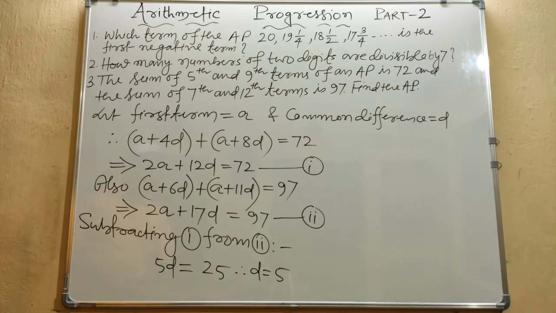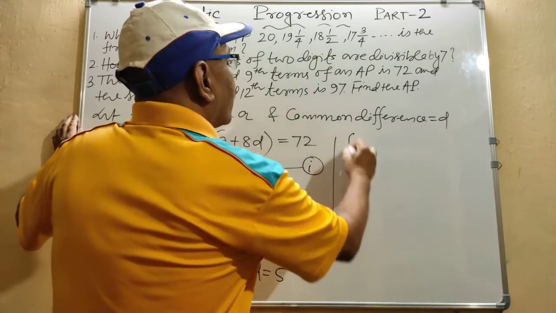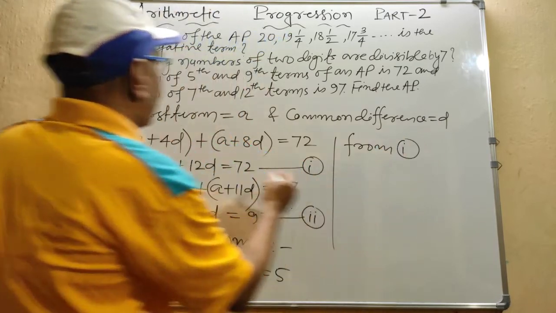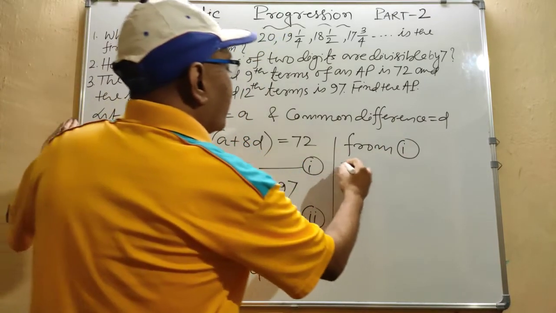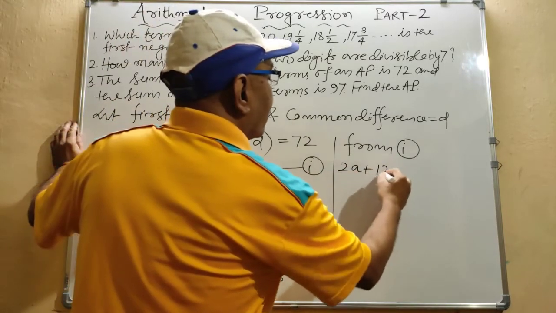Okay, d equal to 5. Now substitute the value of d anywhere and get a. From equation 1, what is 1? 2a plus 12d.